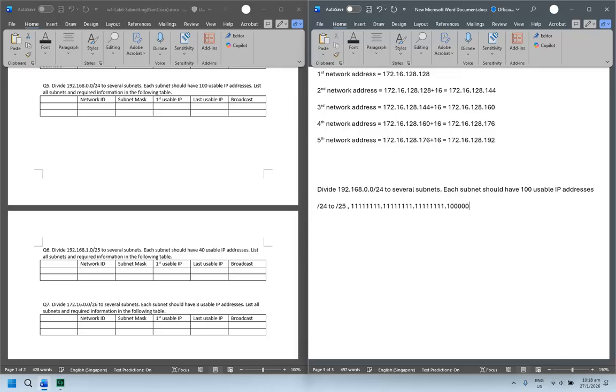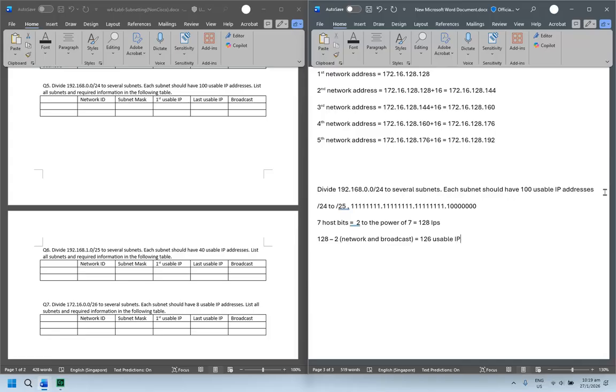So I will have 7 host bits, which means 2 to the power of 7, which will give me 128 total IP addresses. But I cannot use all of them, so 128 minus 2, because I need to minus off the network and the broadcast, I'll be getting 126 usable IPs.